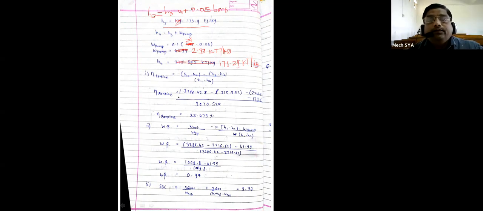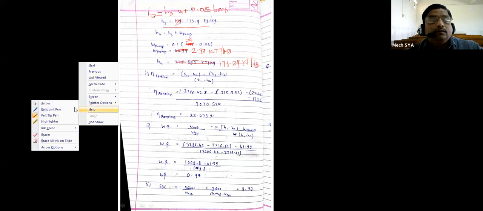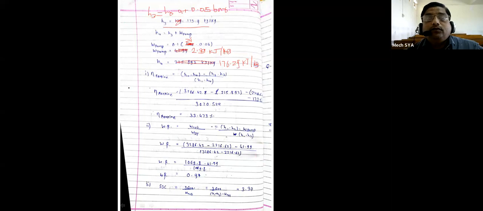Okay. So H4 value will be 176.29 kilojoule per kg, and efficiency of Rankine is equal to H1 minus H4 minus H2 minus H3. So we put the H4 value 176.29, and this value will also be wrong. You tell me the efficiency.